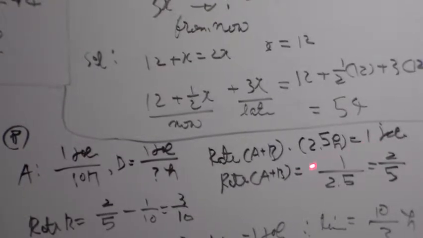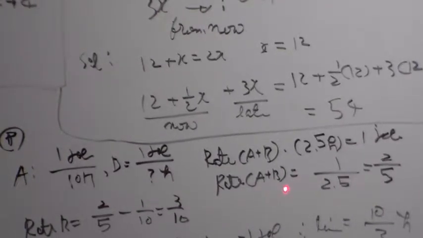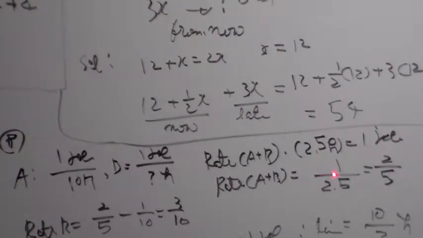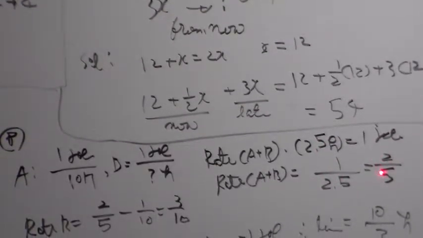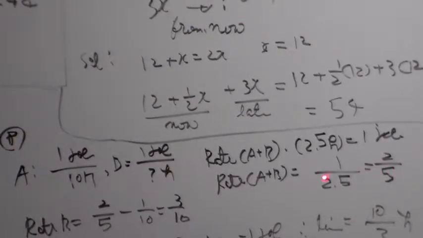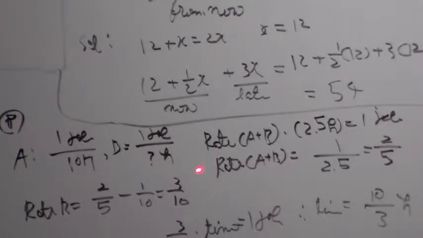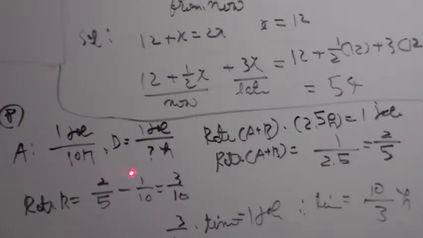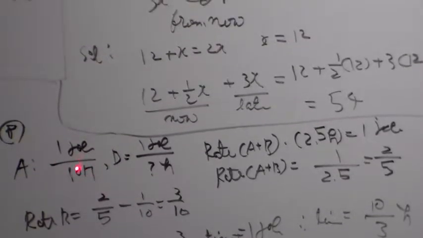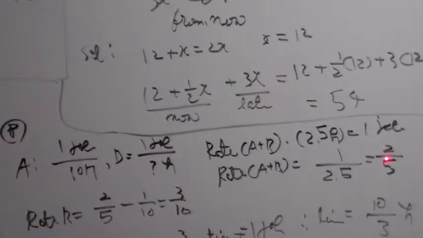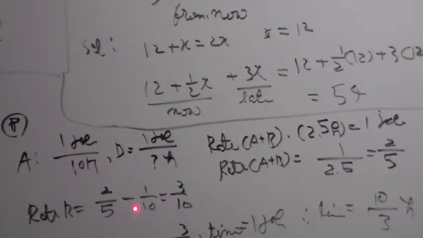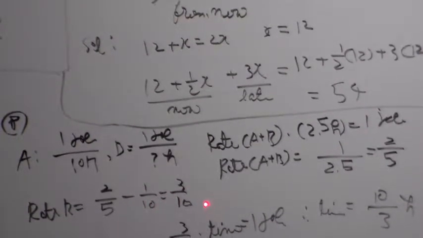The rate of A and B is one job divided by 2.5, which is 2 over 5. 2 over 5 is the rate of A and B working together. We already know the rate of A is 1 over 10, right? So to find the rate B, 2 over 5 minus 1 over 10 is 3 over 10.